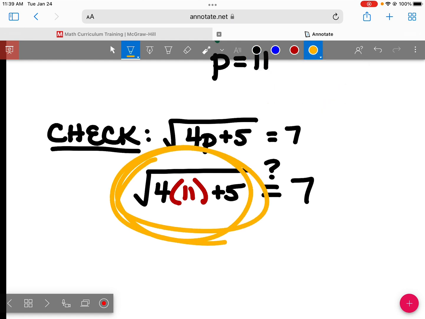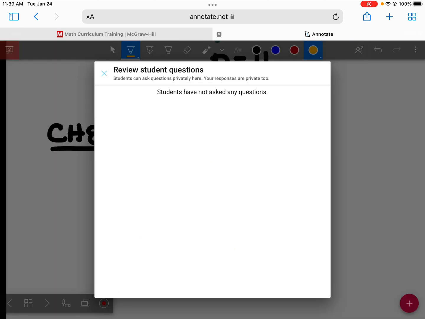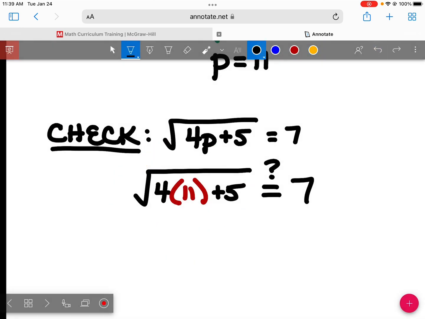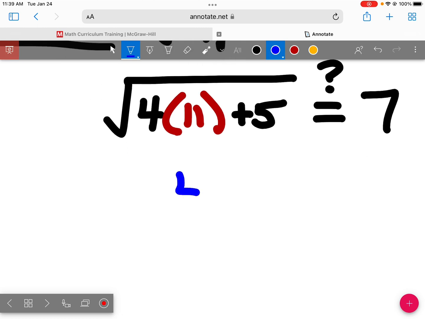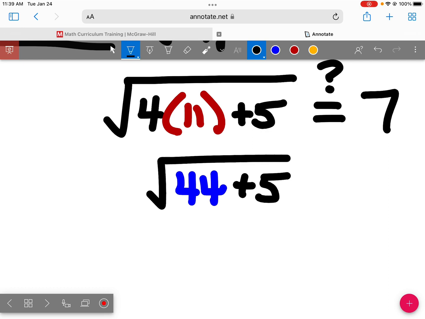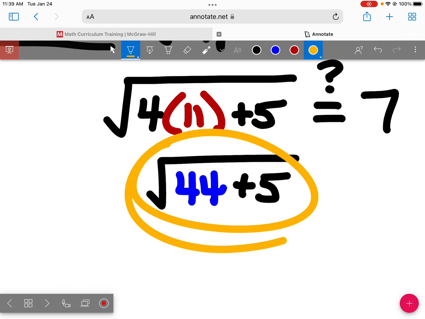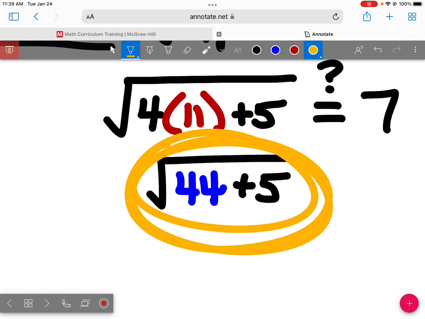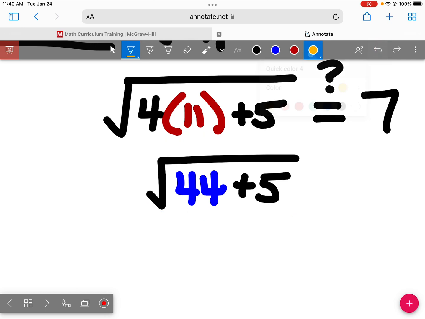What can I do just on the left-hand side? I'm not going to move anything from one side to another. I'm going to stay right here. Yep, I can do 4 times 11. What is 4 times 11? So I have 44 plus 5 under my radical. What can I do with this now? I can add those. What is 44 plus 5?